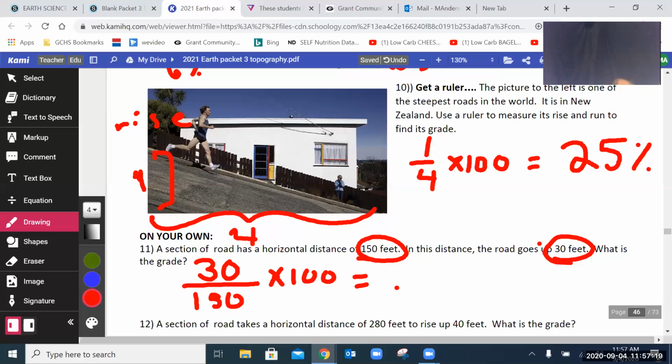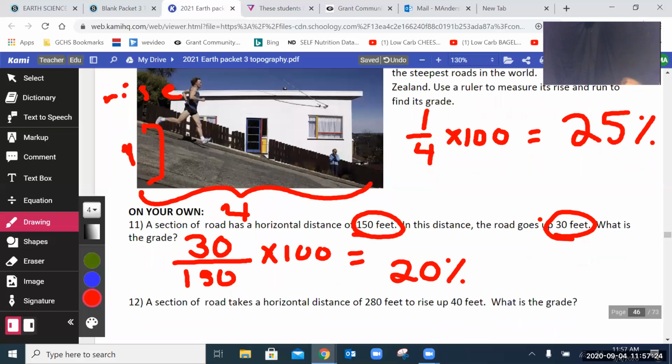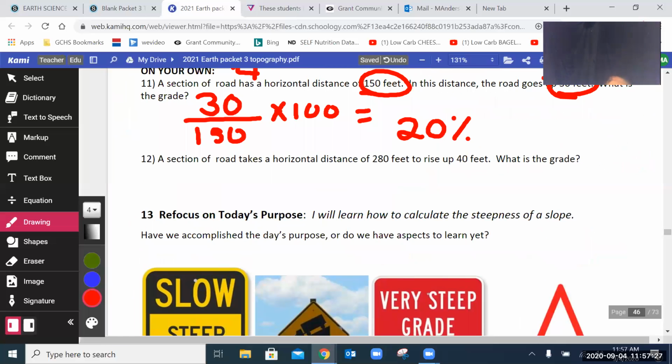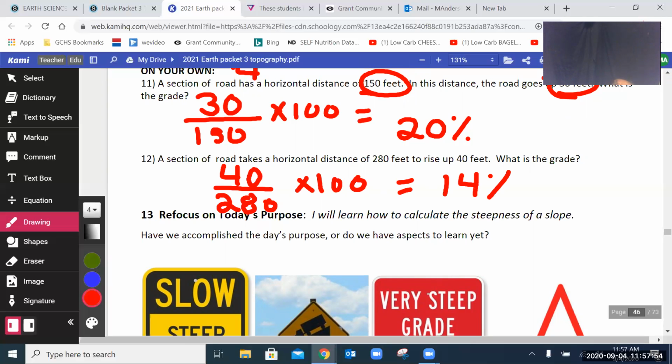The answer to that is going to be 20%. Go ahead and do number 13. Pause the video if you need more time, but here's the answer. That is approximate, that's rounded.